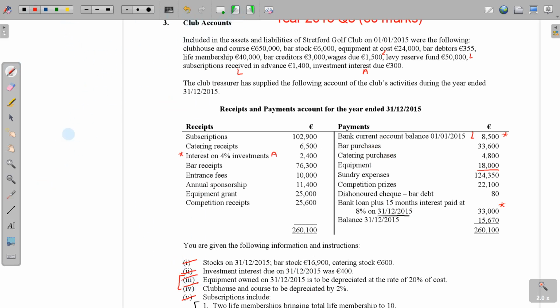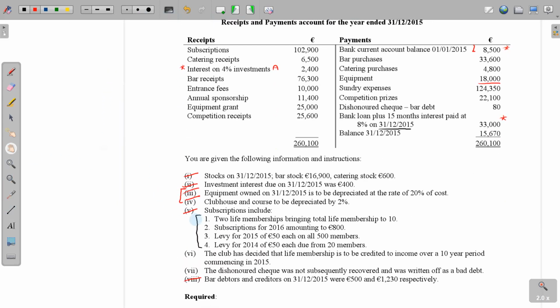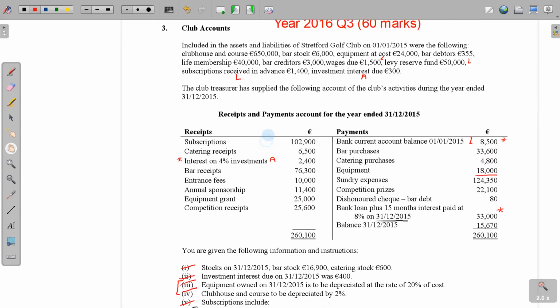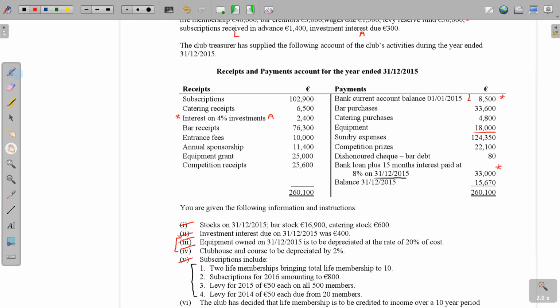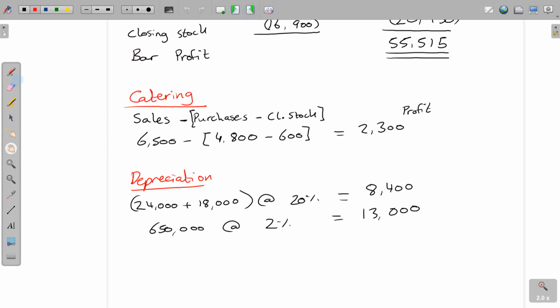And now we're in the last two. So the clubhouse has decided that life membership is to be credited to income over a 10-year period commencing in 2015. So we're told that we have 10 life memberships. We know the 8 was 40,000 up here, we added 2 more at 10,000, so that means our life memberships is 50,000.